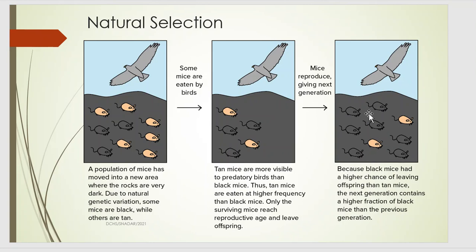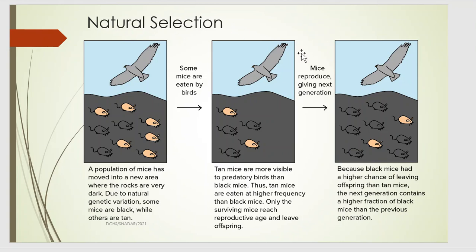So we call this the allelic frequency or the genotype frequency. The black allele is increasing in the population over time, and the number of black mice, which is the genotype, is increasing over time. This change in the allele frequency over time is called natural selection.